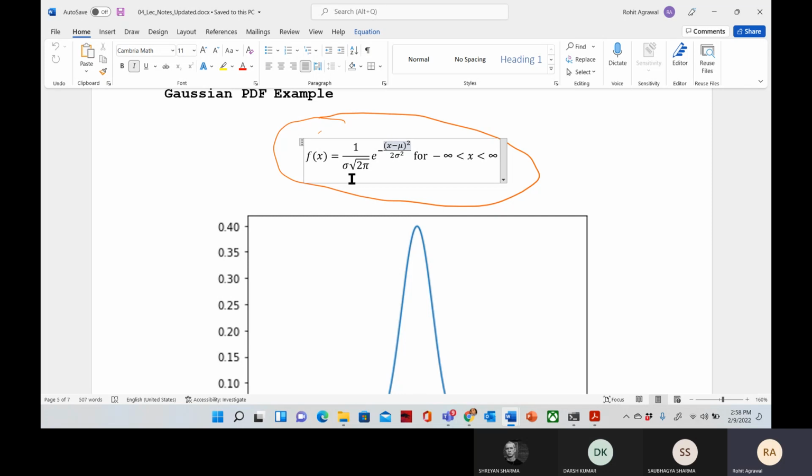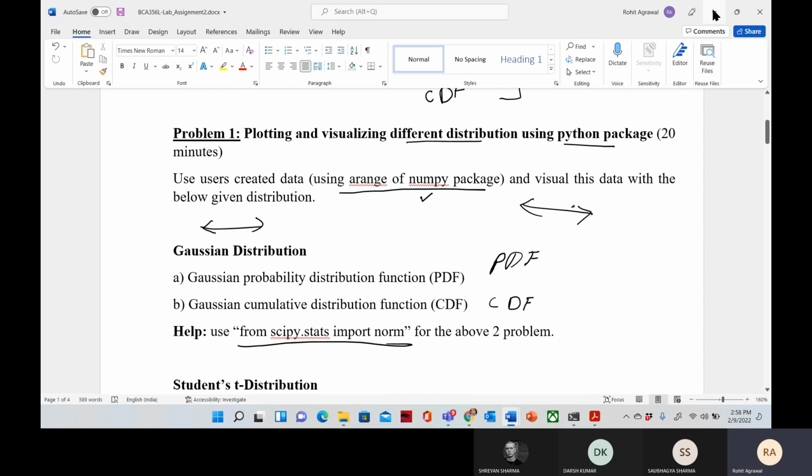In our code, I will also show you, you will write your own code to create this function. I will show you that also. We are going one by one. First we are using the inbuilt Python libraries, and then we will write our own code, and we will see we have the same graph.